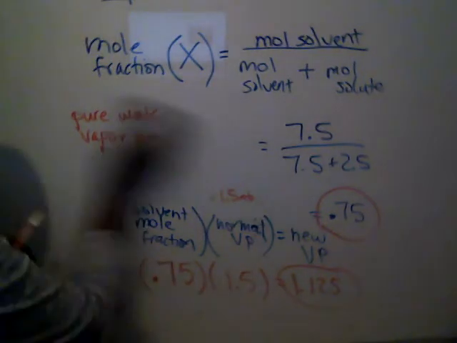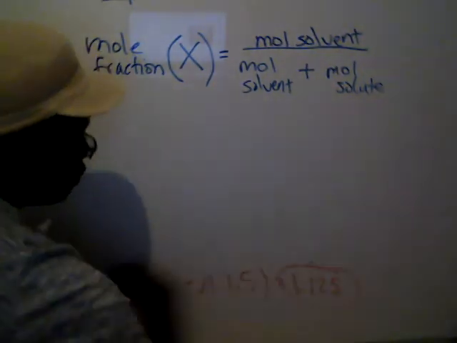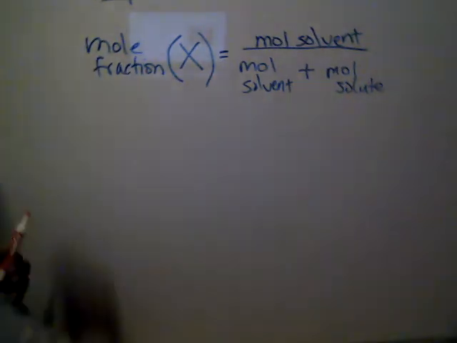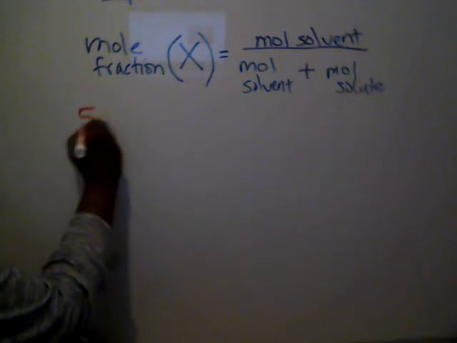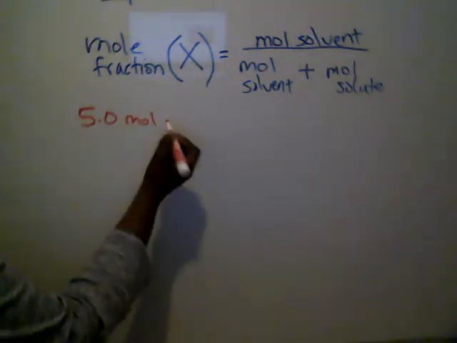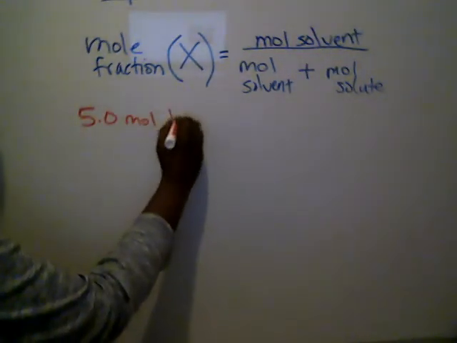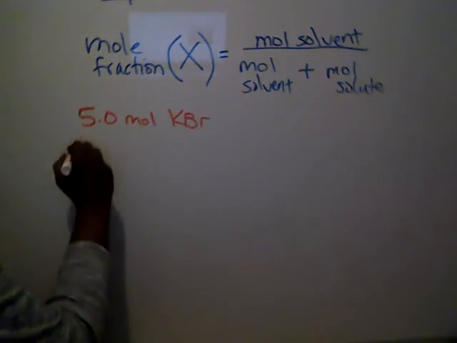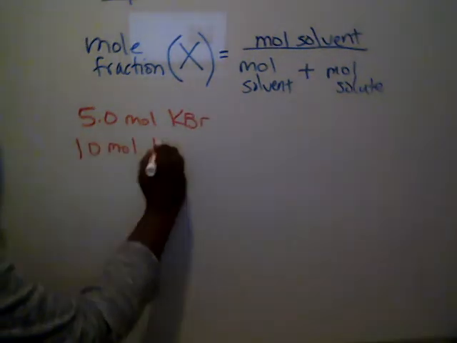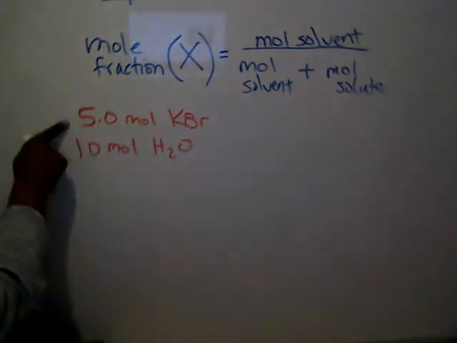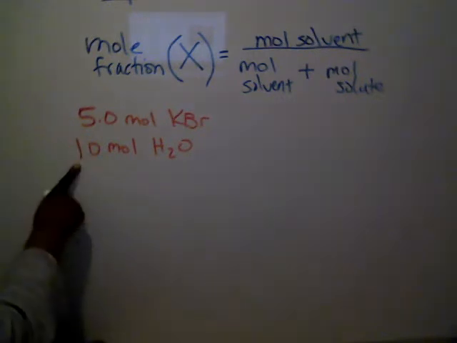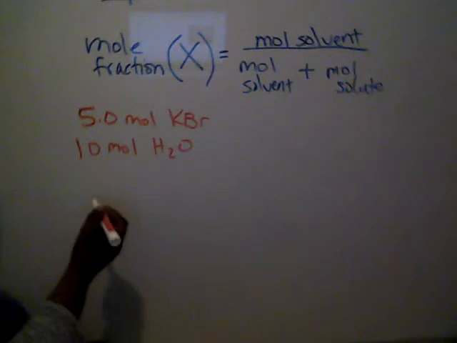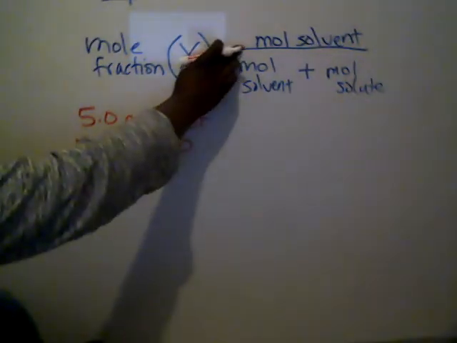Let's do one more example of that before we move on to the boiling and freezing points. So let's say we had 5.0 moles of KBr and we had 10 moles of H2O. So again, the smaller numbers are solute, larger numbers are solvent. So if we want to do our mole fraction, we want to do moles of the solvent.